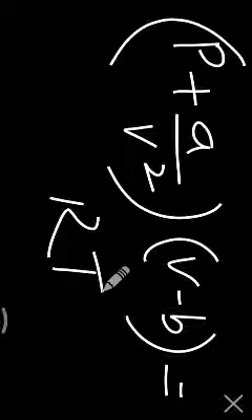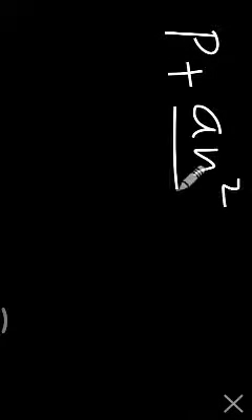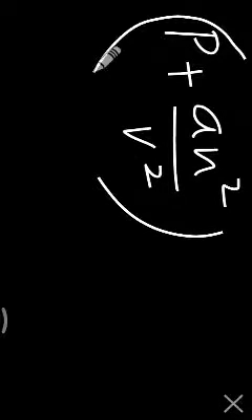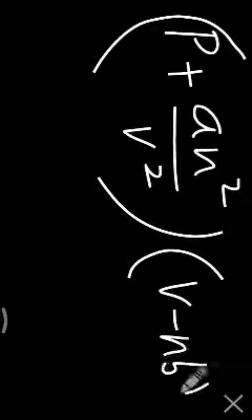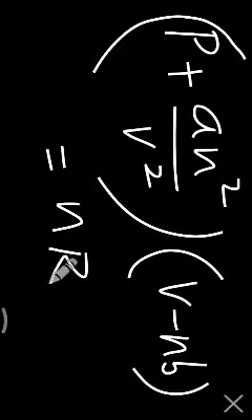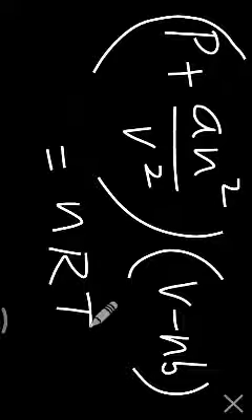This is called van der Waals equation for 1 mole. P plus an square by V square into V minus nb is equal to nRT. This is known as van der Waals equation for n moles.